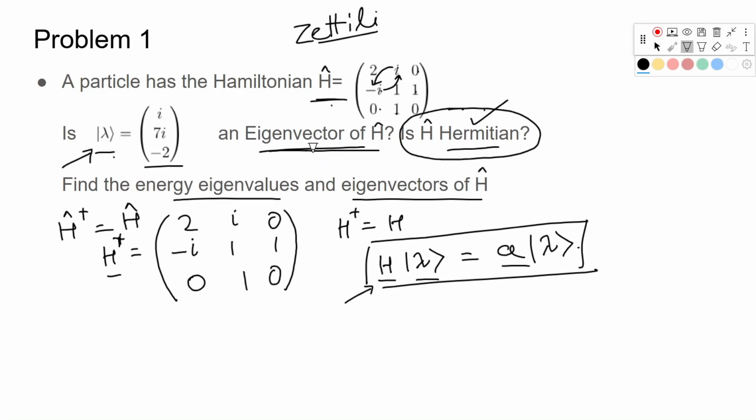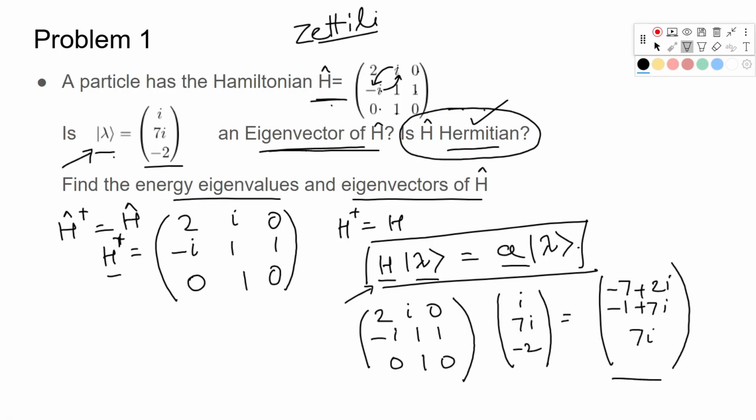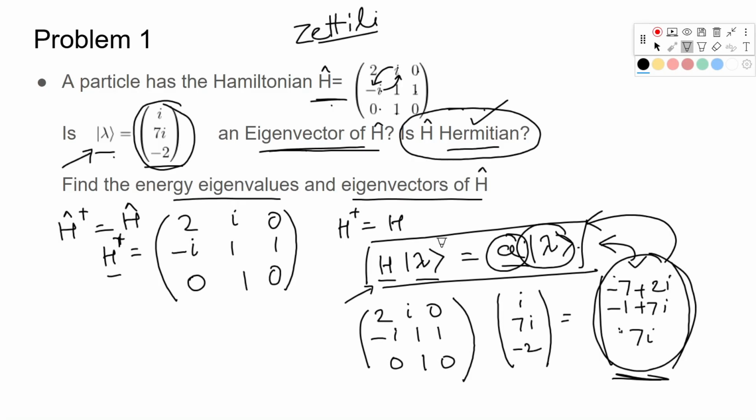If not, then it is not an eigenvector. Let's try it out, and we get, oh, this cannot be put into this form. We cannot take a constant out of this and put this ket here. So since this thing cannot be put into this form, our eigenvector equation is not satisfied.